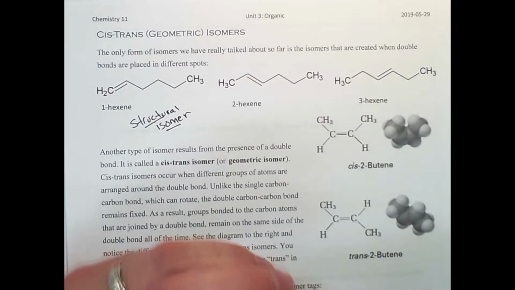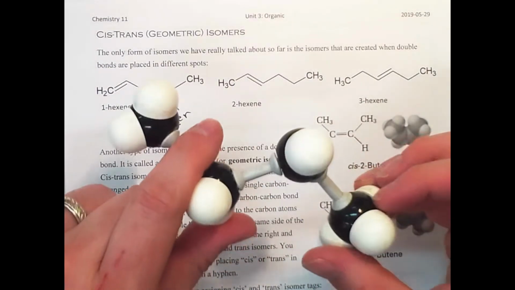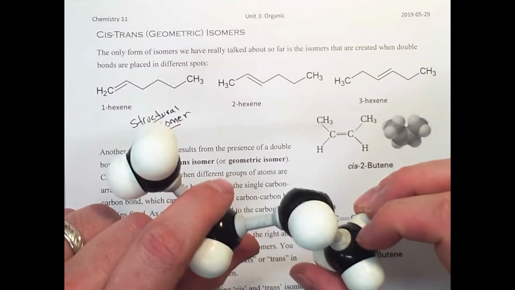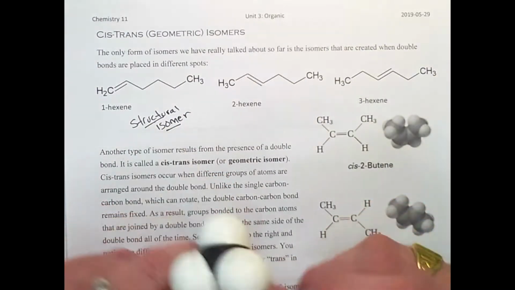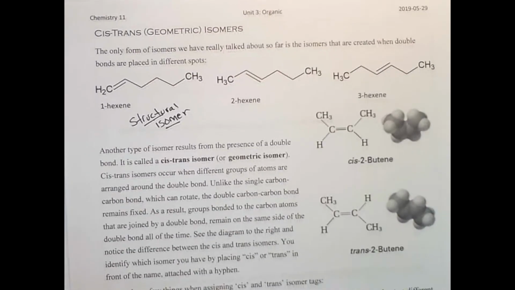What causes a problem is when we have to move to double bonds. So to create a double bond, we just quickly adjust this molecule a bit.